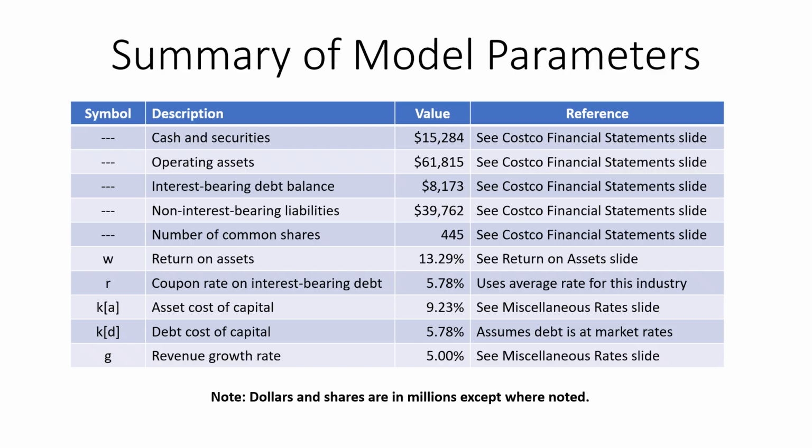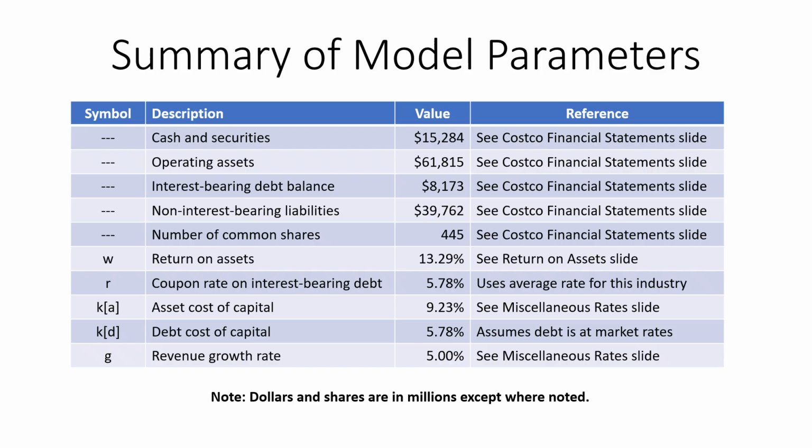So the return on assets is 13.29%. That comes from the return on assets slide. For the coupon rate on interest-bearing debt, we're going to use the market average for the industry as the coupon rate. The asset cost of capital is 9.23%. That comes from the miscellaneous rate slide. The debt cost of capital, again, we're going to assume that the debt is at market rates, which is 5.78%.